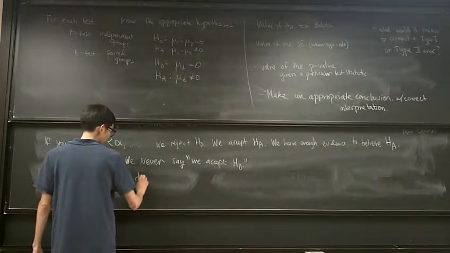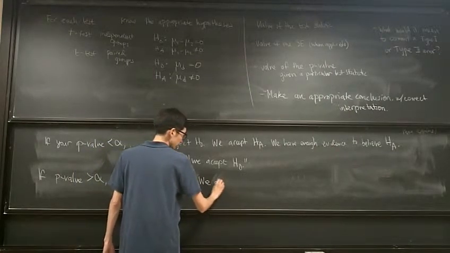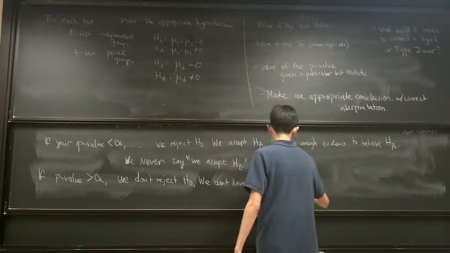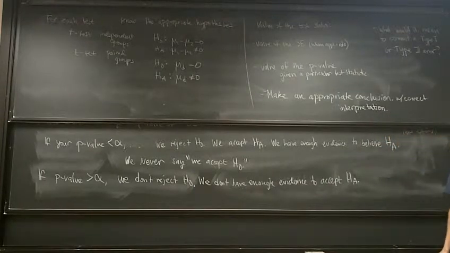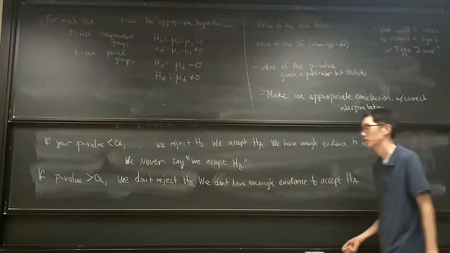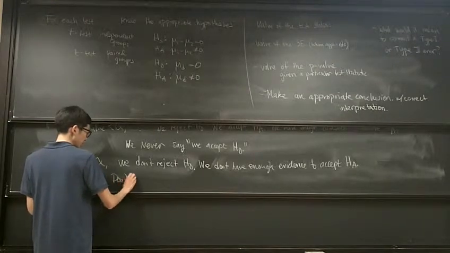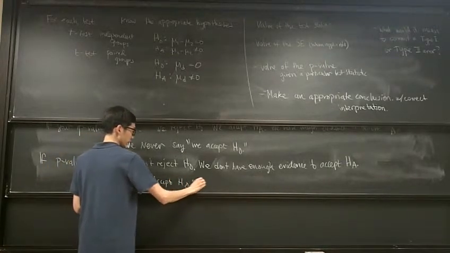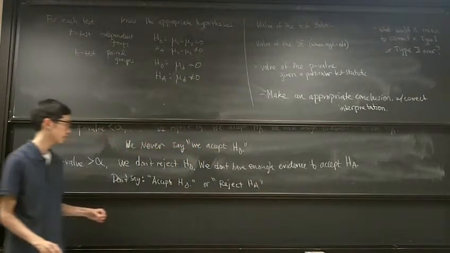So we don't reject the null, and we don't say we reject the alternative, and we don't say we accept the null either, okay? Or any variant of that, okay?